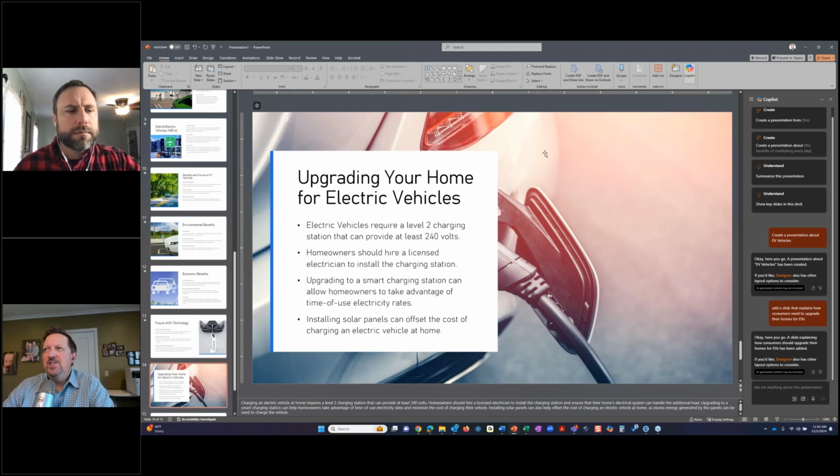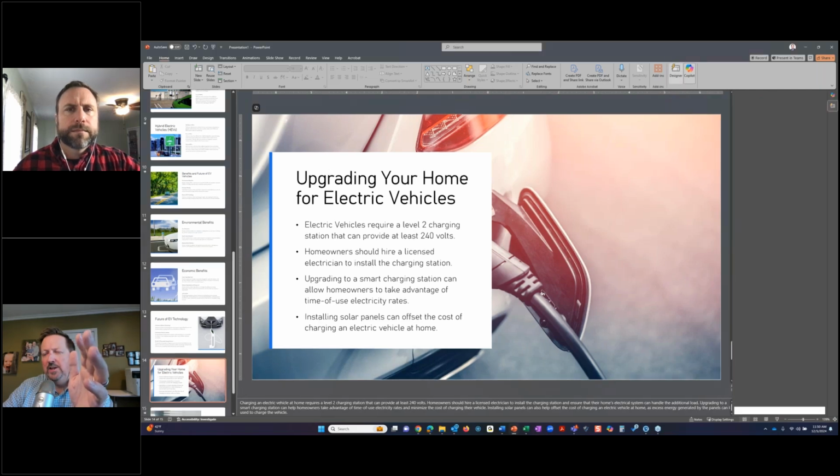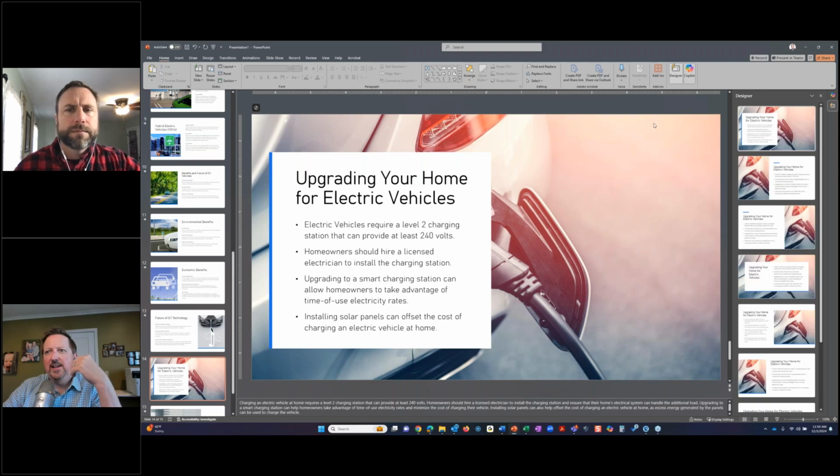But Designer is far more useful now in PowerPoint because Copilot's giving you this default formatting, and then if you use Designer, you can quickly play around with different formats for a slide. So I might say, well, I like this slide, but it's not terribly consistent with the rest of the formatting of these other slides.